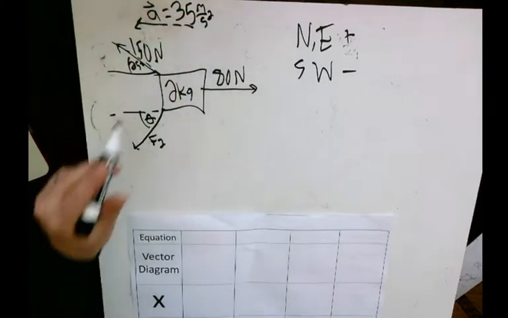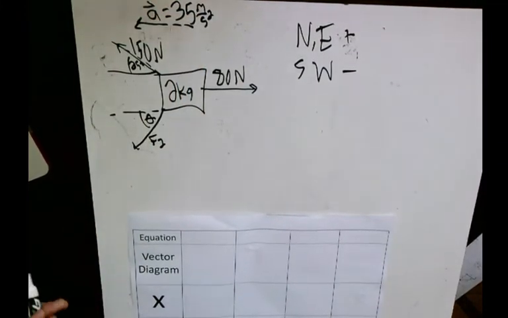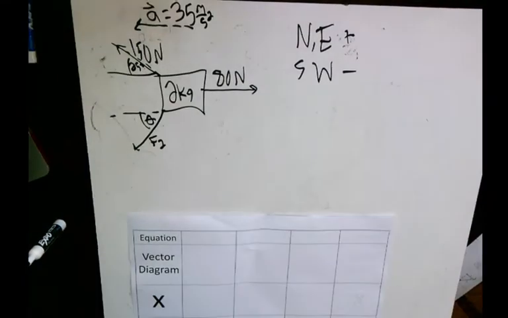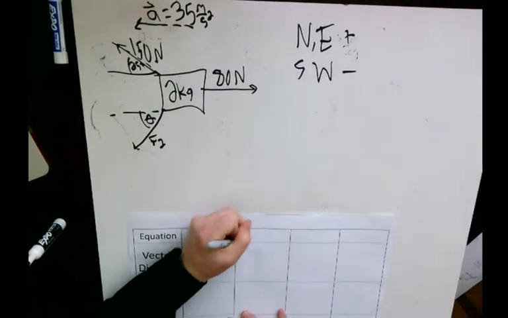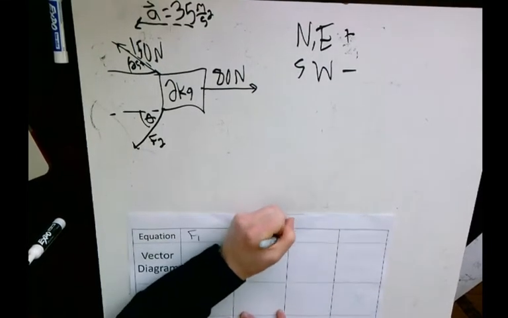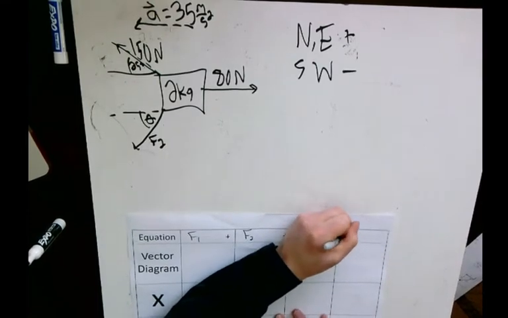Meters per second squared, that is. Alright, here's our setup. So let's bring it onto the table. We have F1 plus F2 plus F3 is equal to F net.